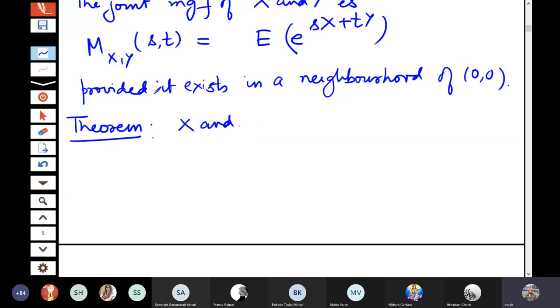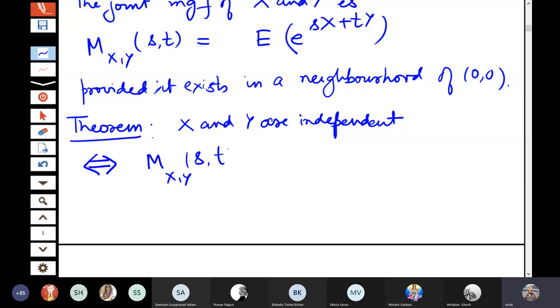So x and y are independent if and only if the joint MGF of x and y is equal to the product of the marginal MGFs.